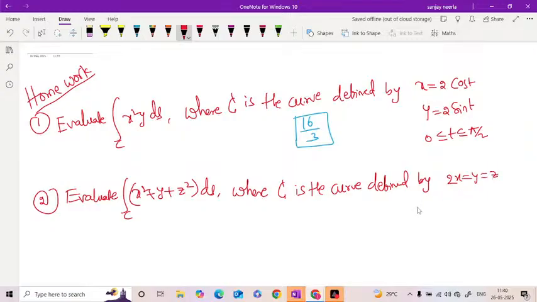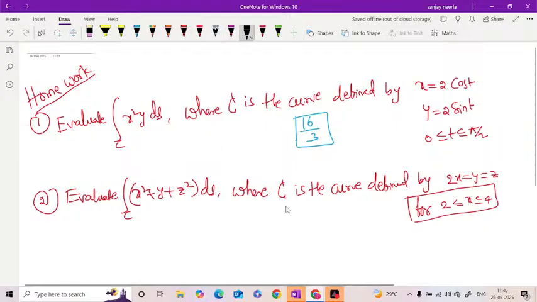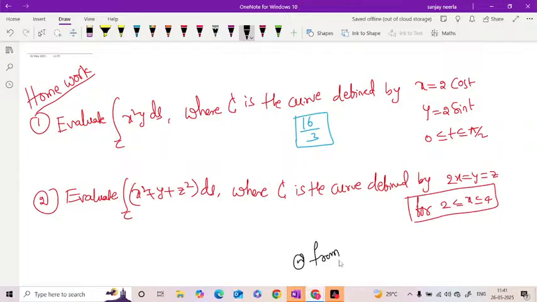Directly sometimes they will give it like this, x is in between 0 to 4, or sometimes they will give the points, from the point 2 comma 4 comma 4 to 4 comma 8 comma 8.